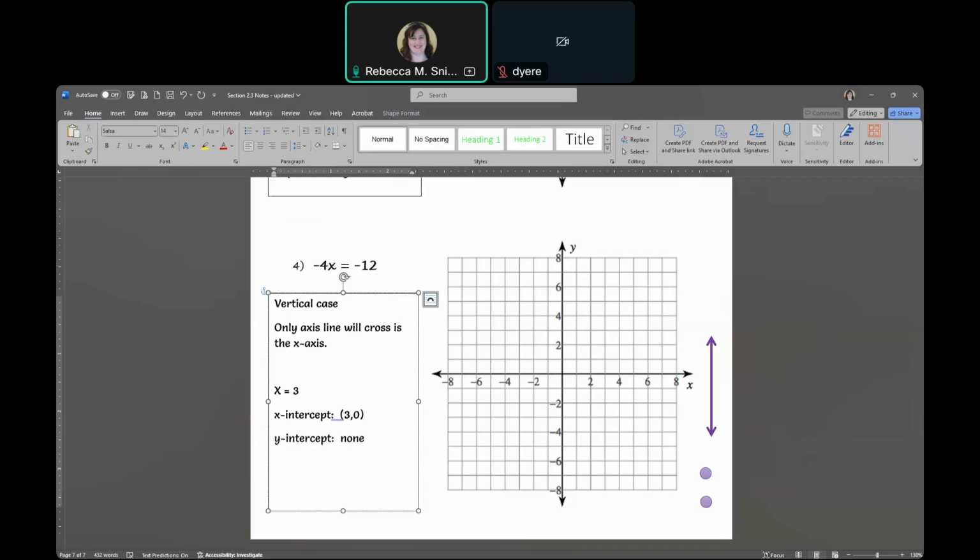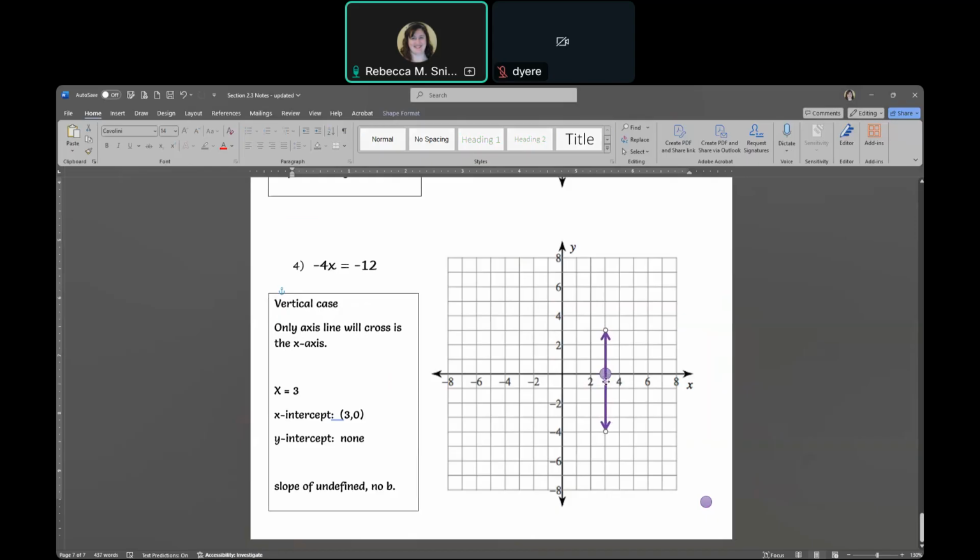Our vertical case will have a slope of undefined and no b in terms of the y-intercept value, which again, we're going to talk about in detail. So to graph this one, we're going to do the same thing. We're going to graph our point right here at that intercept, but this is that vertical line.